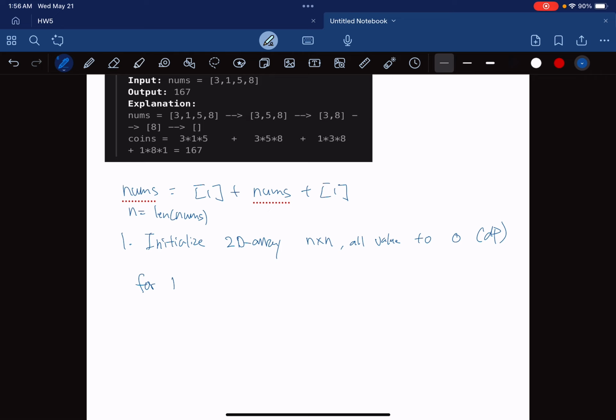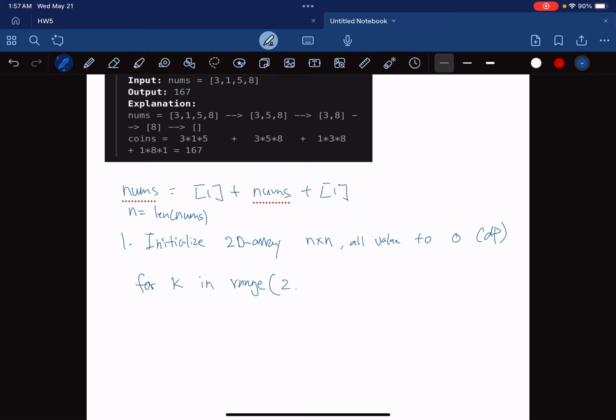Let's call it k, and let's define k to be the distance between the left index and the right index. And we know that the distance has to be at least 2 away, because if they're 1 away, we're not including the starting and the end. There will be 0 elements in between, and that's pretty pointless. So we want there to be at least 1 element, and that requires a distance of 2 away.